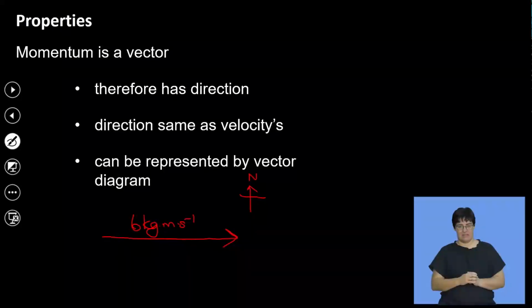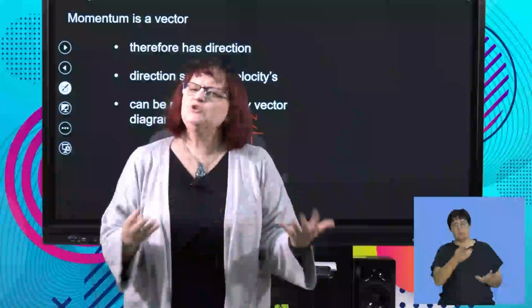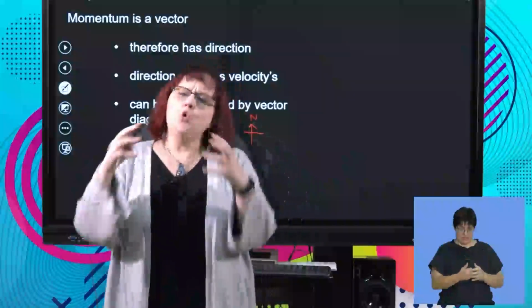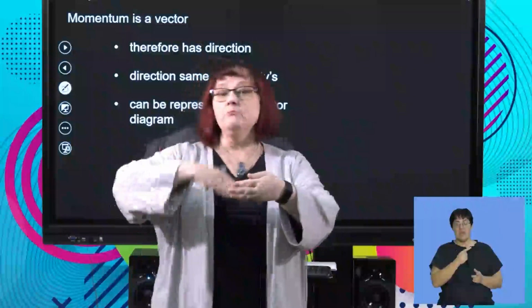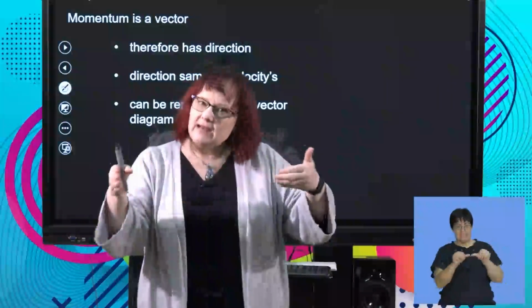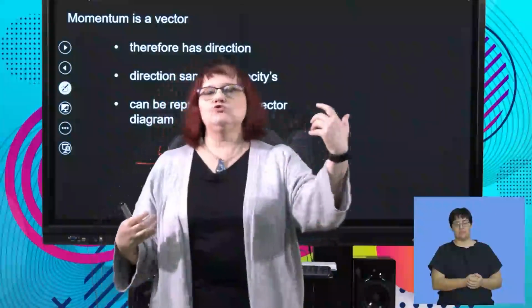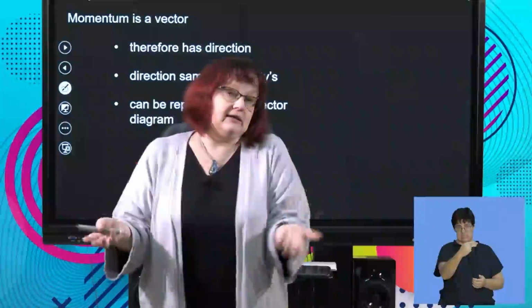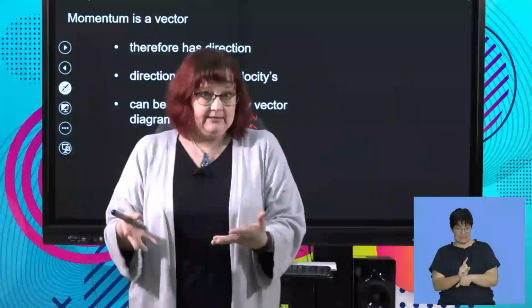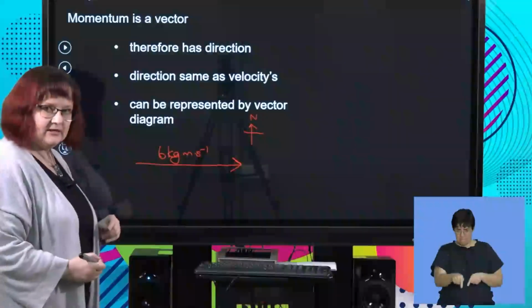I don't think, though it's not beyond the realm of possibility, that you will have to do these to scale, but you should be able to, okay? Also, if I'm drawing more than one momentum vector together, the relative sizes must be correct. So if I now tell you to draw a 3 kilogram-meter per second momentum, also going to the east, it can't be the same size line.